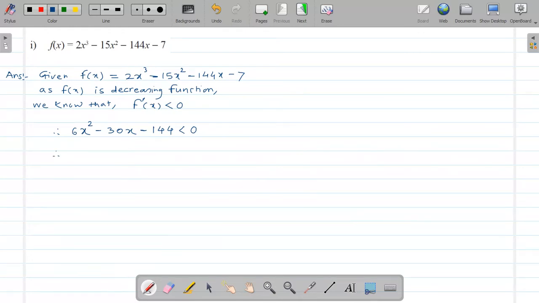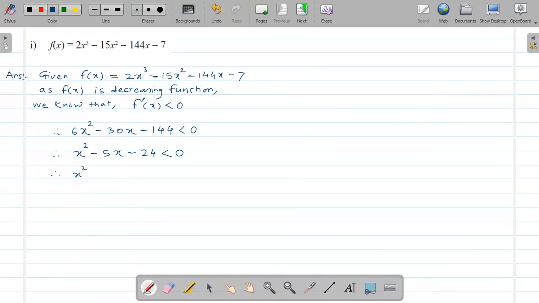For simplification you will get x square minus 5x minus 24, which is less than 0. So dividing by 6, we simplify the equation. Now to get the values of x for which the function is decreasing, we have to solve this quadratic. By the usual method we will solve this.